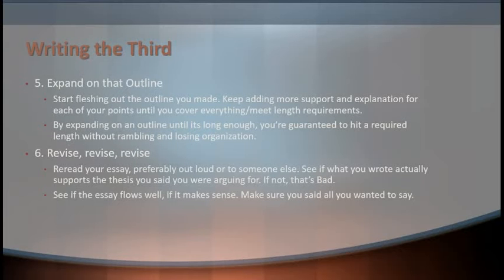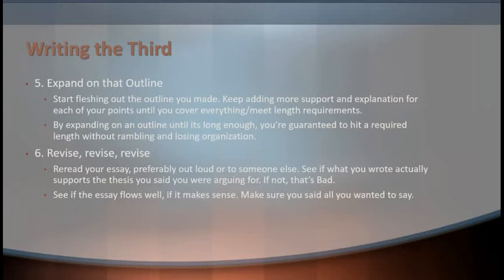Make a twice as thick skeleton of what you did. And then keep doing that. If you keep going through and add more and more support and explanation and discussion about each of the points you make, basically what you'll have done is you'll have started from the shortest possible version of your paper, the outline, and you're slowly fleshing it out until you hit whatever length requirement you need.